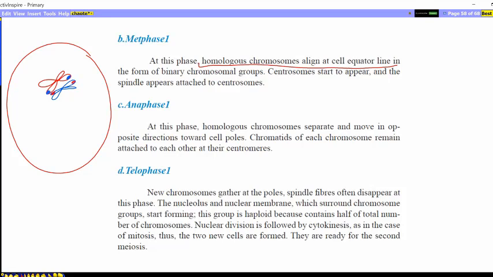They align on the equatorial line of the plate, connected to the spindle fibers by their centromeres, with centrosomes at the poles. Homologous chromosomes group together as a pair.